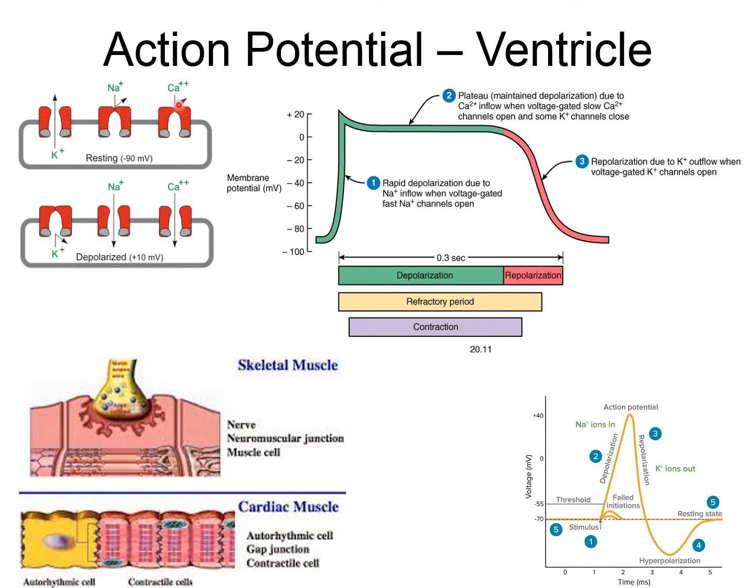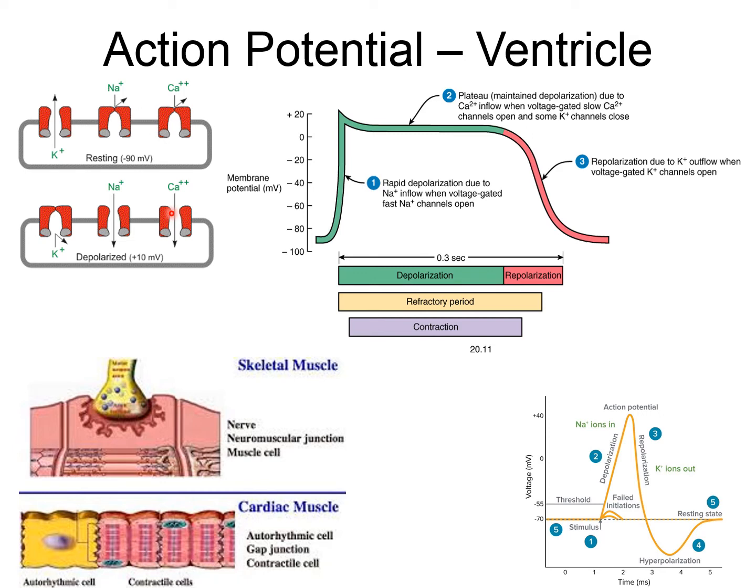Sodium and calcium are more outside, and potassium is more inside, but potassium tends to leak out because of open channels, making inside more negative. So when there is depolarization, it is entry of sodium in other cells, but in the case of the heart, there is involvement of calcium. And the action potential in cardiac muscle lasts longer as compared to skeletal muscles and neurons.